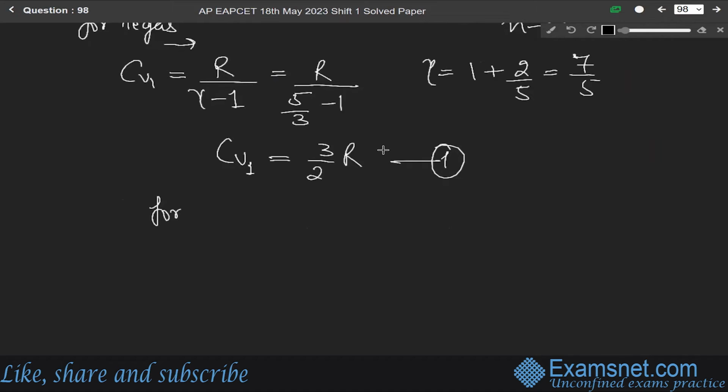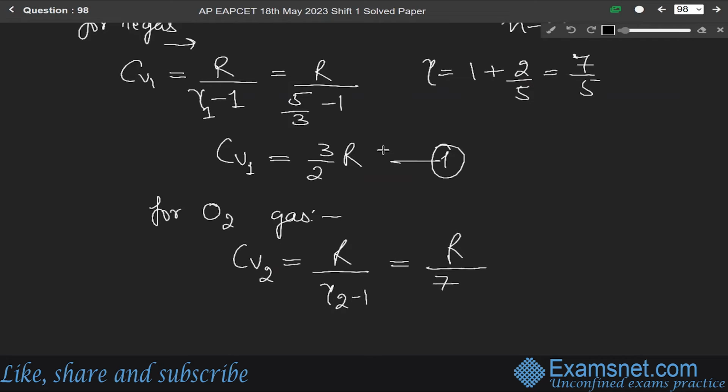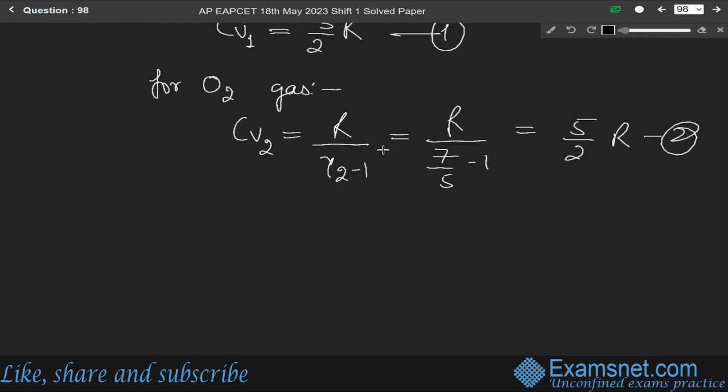And for oxygen gas, Cv2 will be equal to R over gamma 2 minus 1. So it will be R over 7 by 5 minus 1. So it will be 5 by 2 R. This is equation 2. Okay.